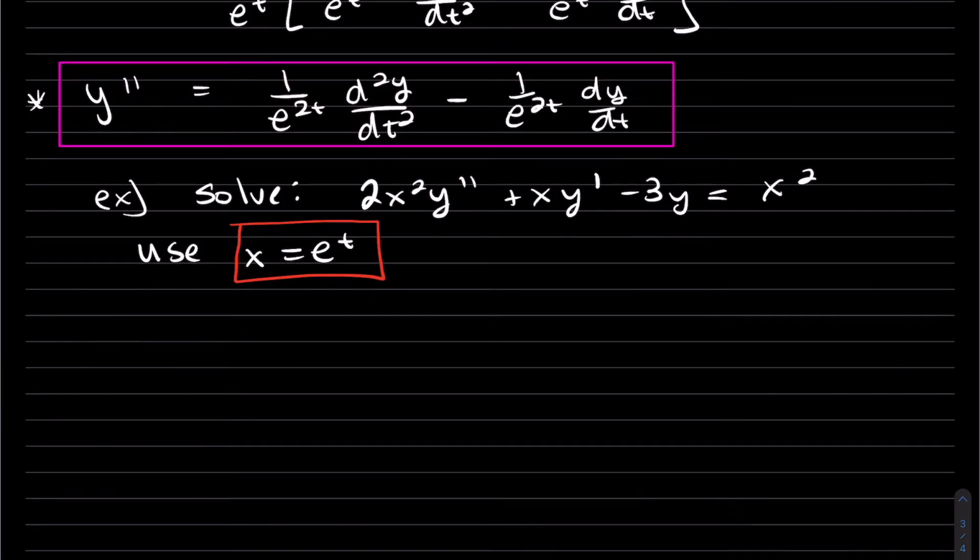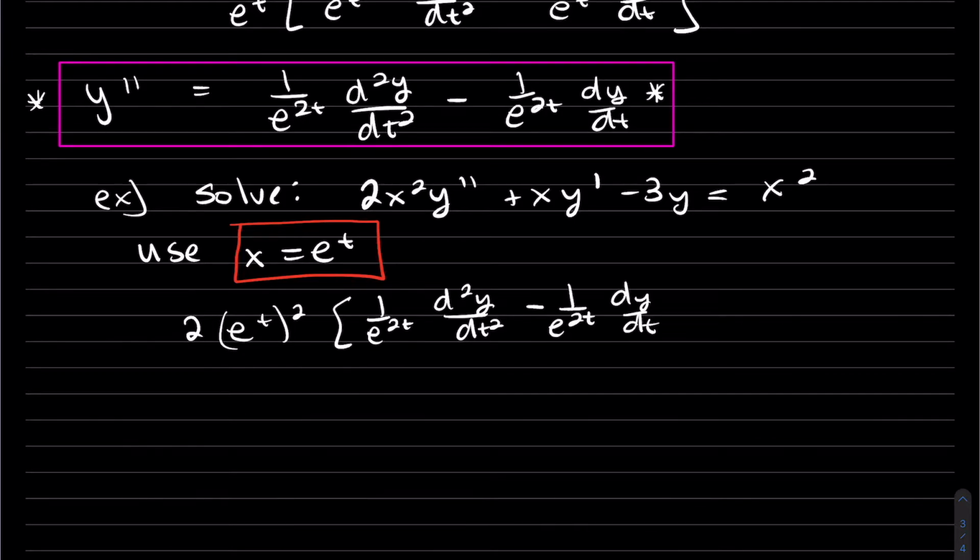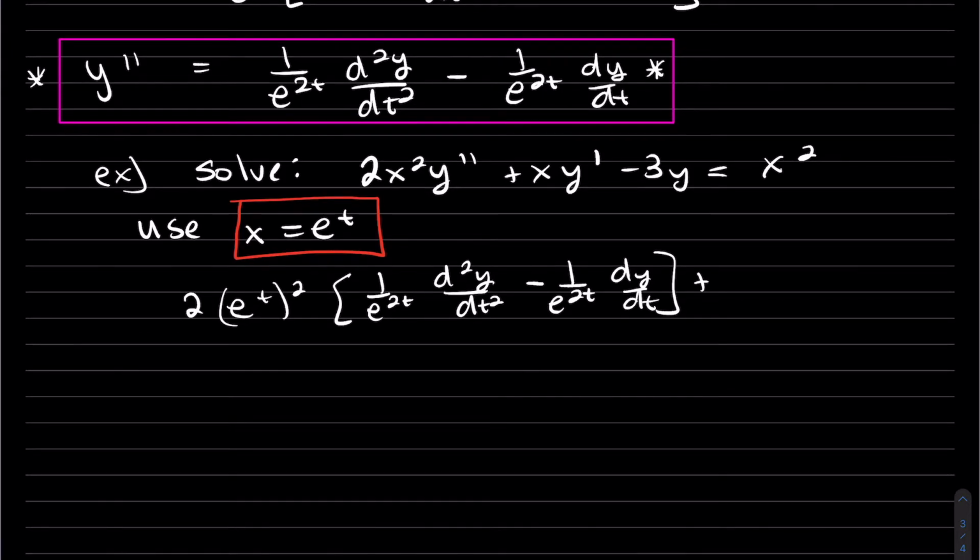So 2x squared is e to the t squared, y prime, sitting right here, plus x.